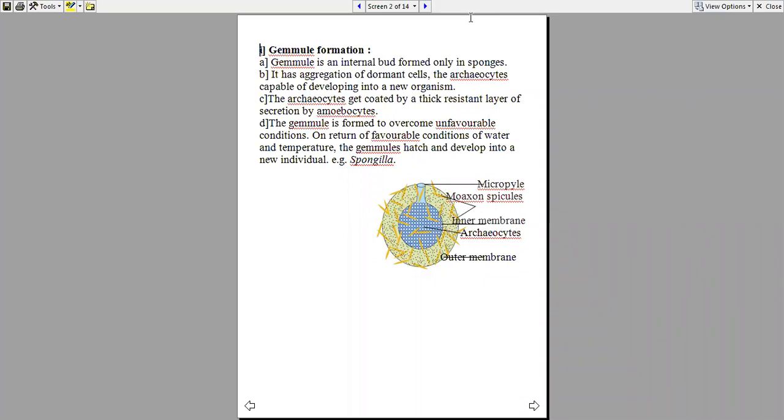The first type of asexual reproduction is gemmule formation. There is a new term for you.